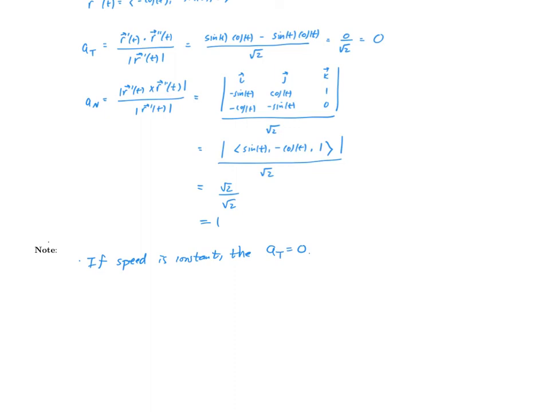If the speed is constant, what you can show is that r prime dotted with r double prime is going to end up being 0, similar to some computations we did at the end of our second video covering the 13.2 calculus of vector valued functions material.